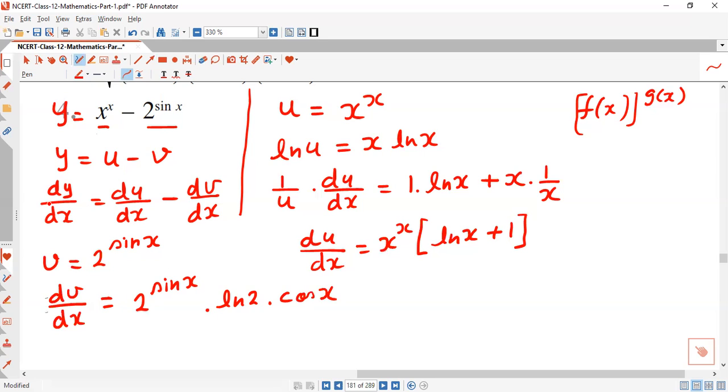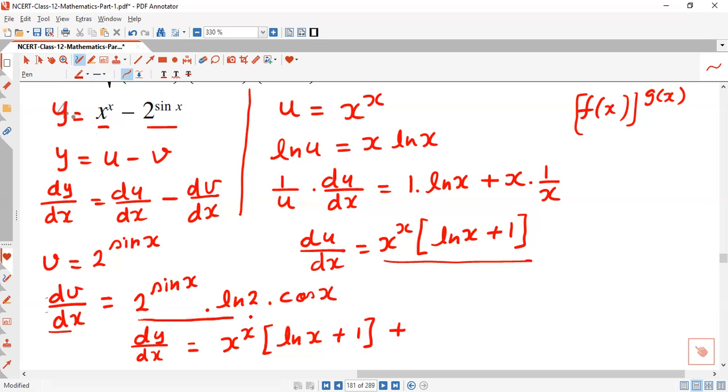Right. So what does the value of dy by dx come out to? Dy by dx comes out as x raised to x (log x plus 1) minus, the derivative of this part, 2 raised to sin x into log 2 into cos x.